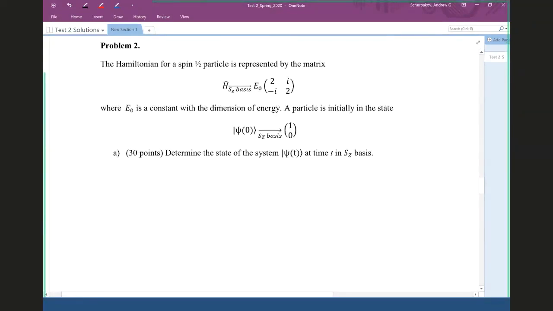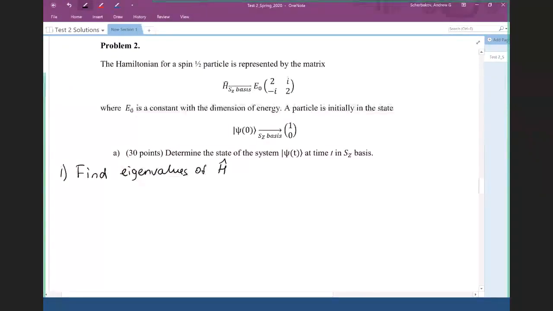Then we evolve that initial state in the basis of eigenstates of the Hamiltonian, which is a piece of cake, and then we switch back to the original basis. Okay, let's do that. The first item on our agenda is to find eigenvalues of the Hamiltonian.